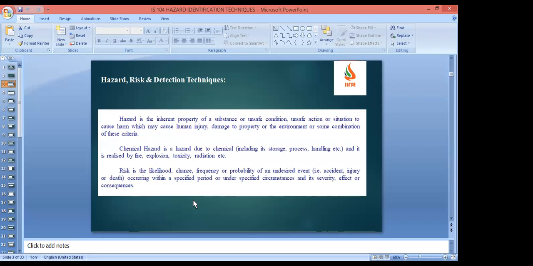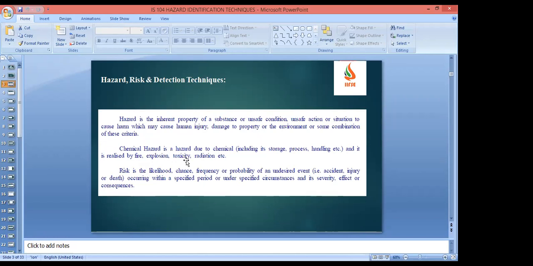So it is an inherent property of a substance or unsafe condition, unsafe action or situation to cause harm to humans, damage to property or environment, sometimes a combination of these.